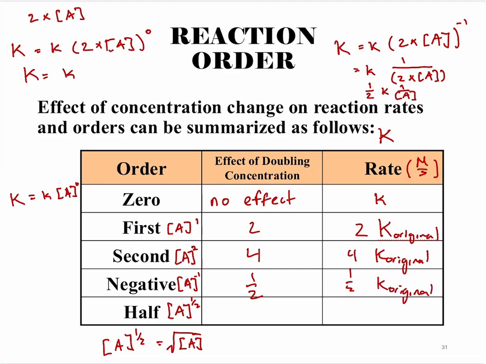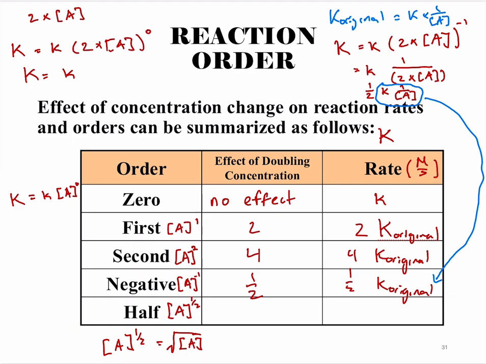I didn't write it there, but this part right here is the same thing as the original rate. Does everyone see that? Because the original rate is equal to k times 1 over the concentration of A. So once I saw that this was right there, I just see whatever's left over, and that's how the rate of reaction is affected.